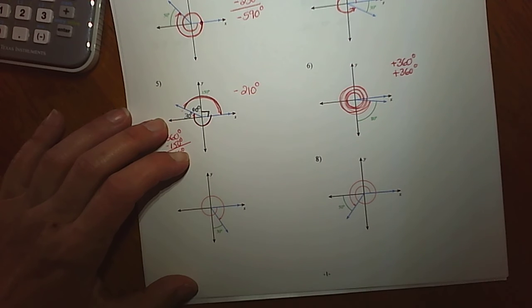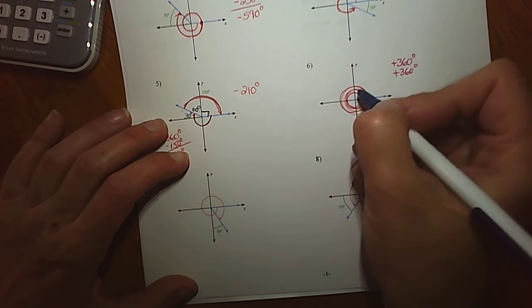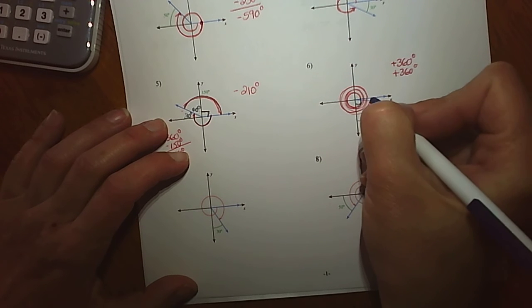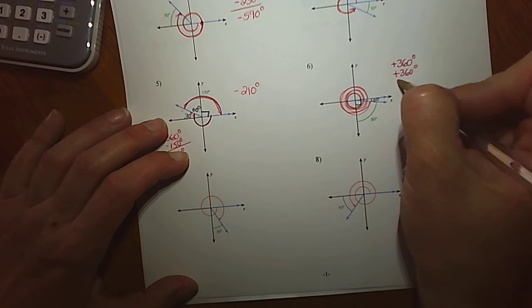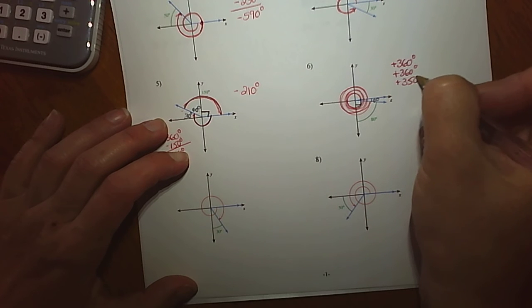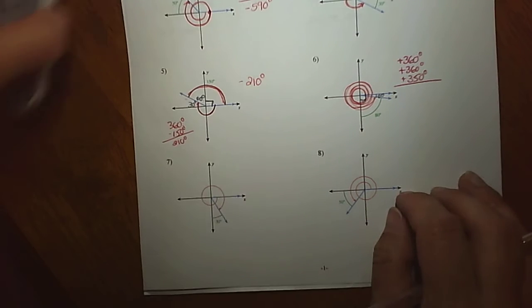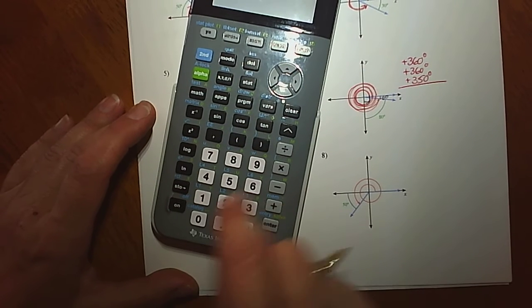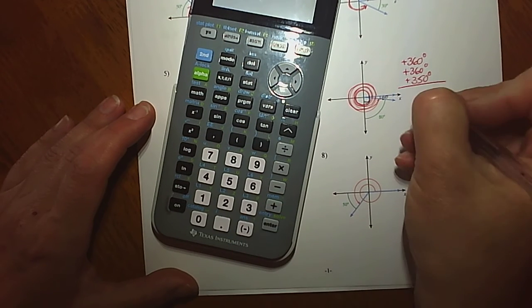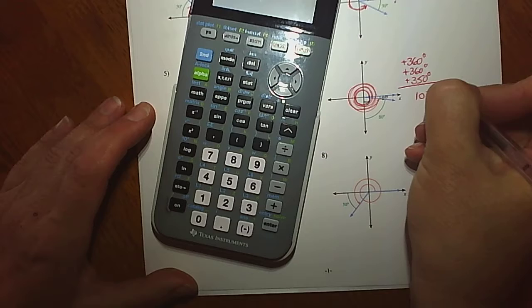Now if you notice, this says 80. Since this corner has to be 90, that means that's 10 degrees. So that means it's 10 degrees short of 360, which would be 350. So I'm going to add all those together: 360 plus 360 plus 350. That means we went around positive 1,070.